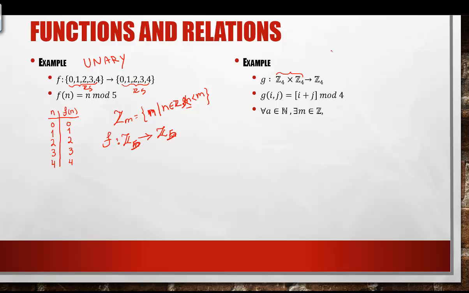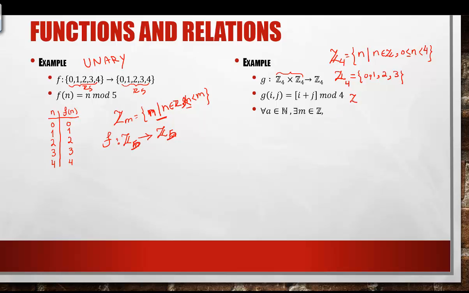So z sub 4, again, just to remember this notation here, is going to be equal to the numbers n, such that n belongs to z and n is greater than or equal to 0 and less than 4. So then in this case, z sub 4 will be basically the set of 0, 1, 2, and 3.